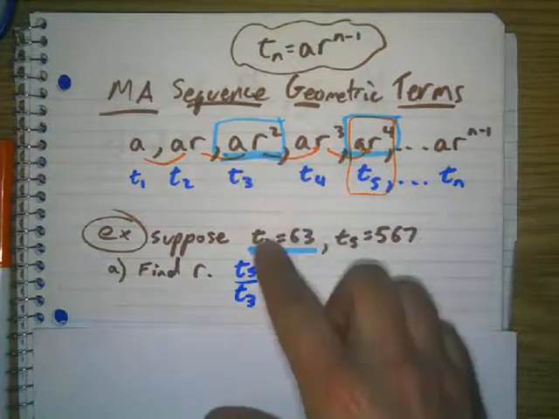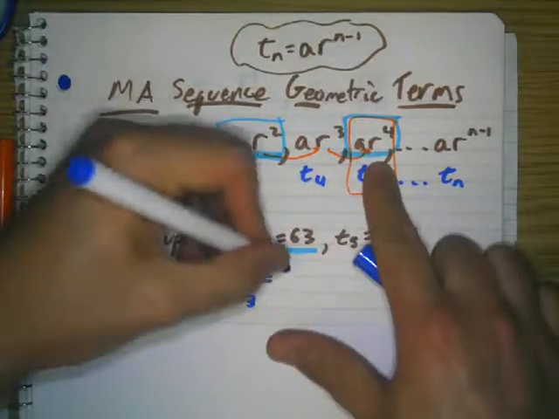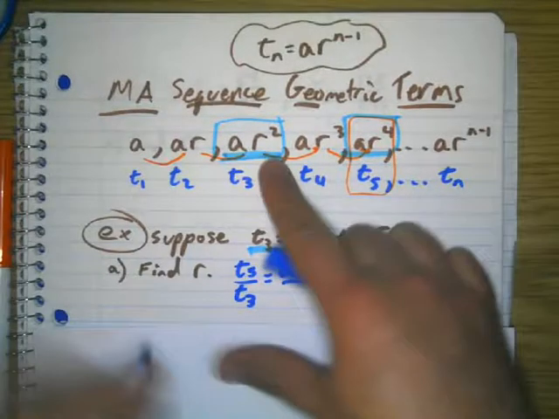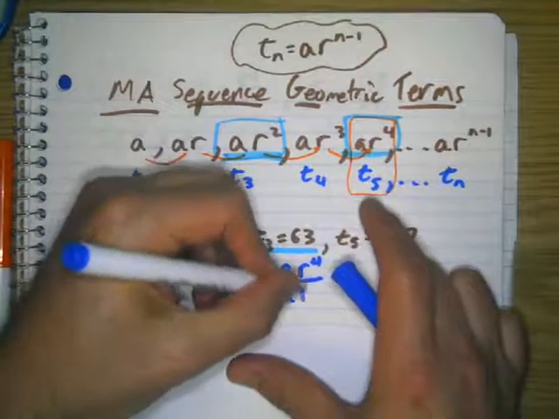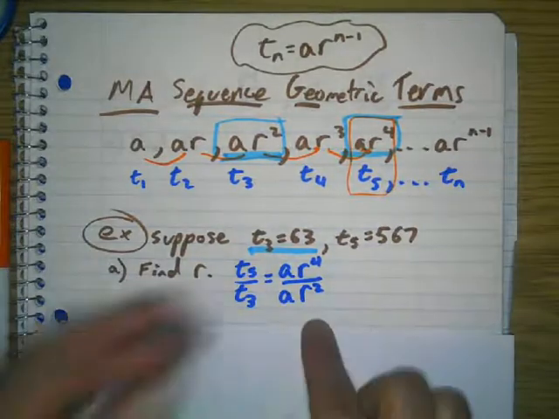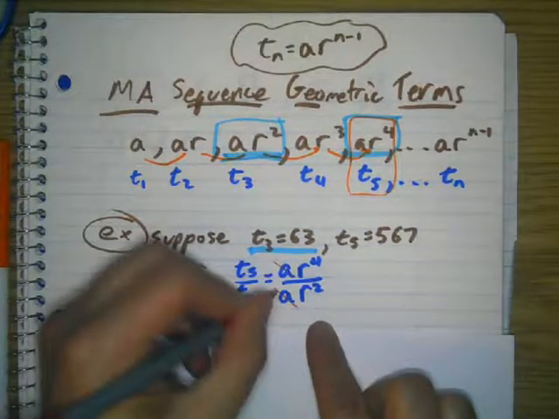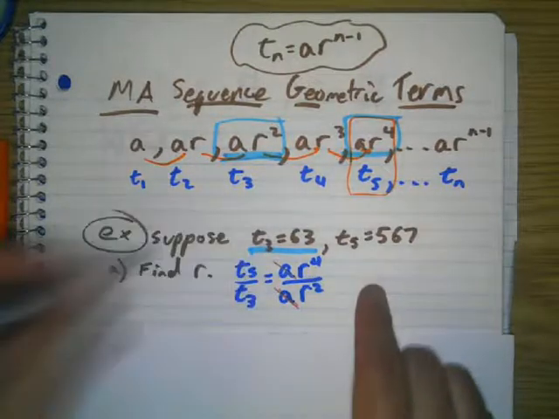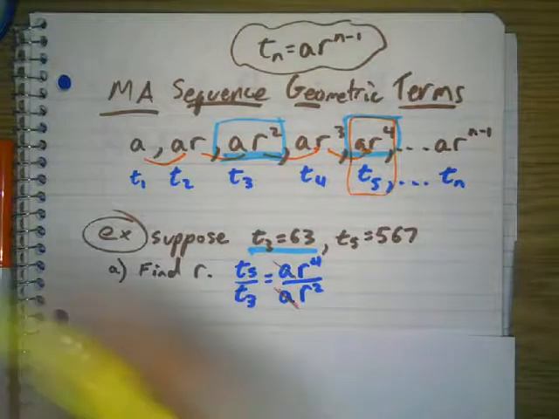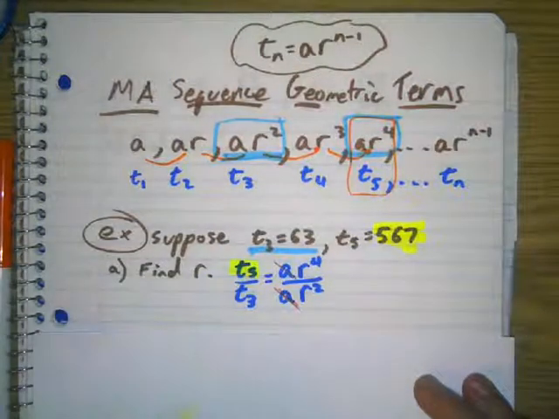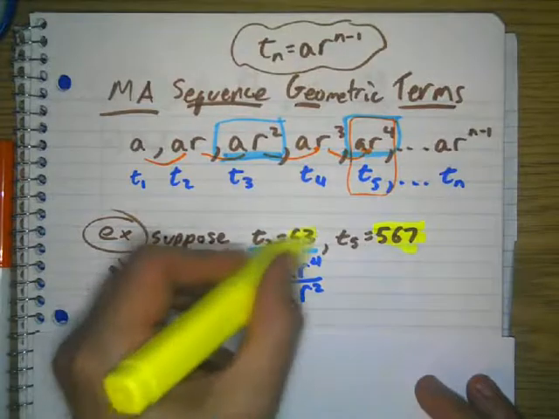The fifth term is a times r to the fourth power. The third term is a times r squared. Well, if I did this, does the a cancel out? Yeah, it does. Now, you know that the fifth term is 567, right? The third term is 63.